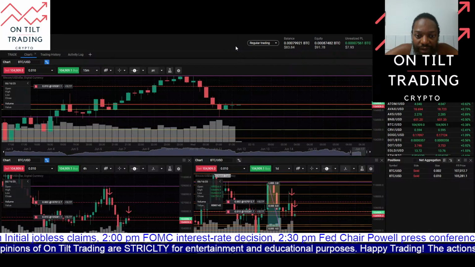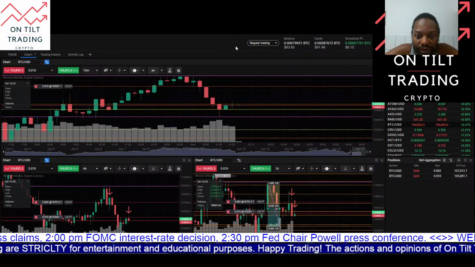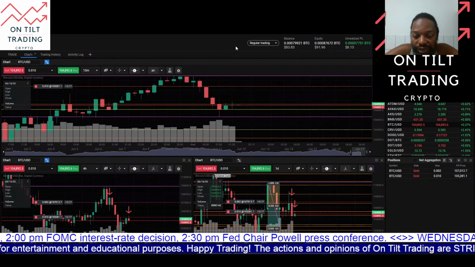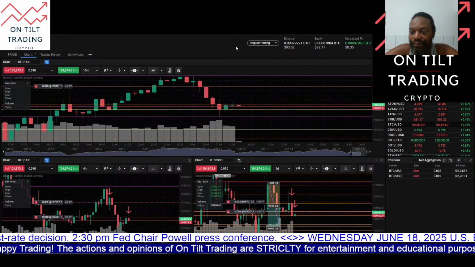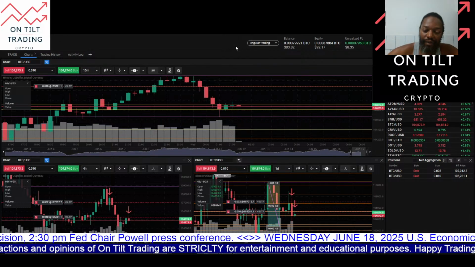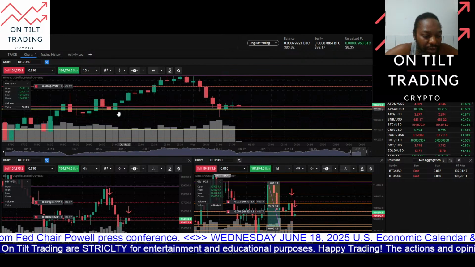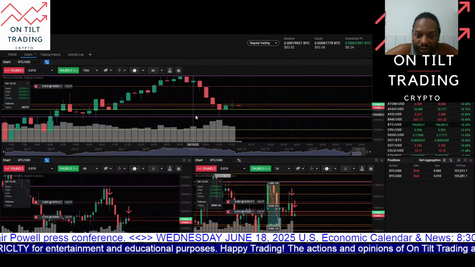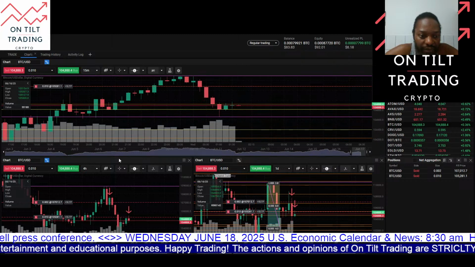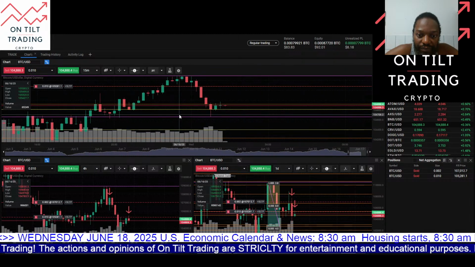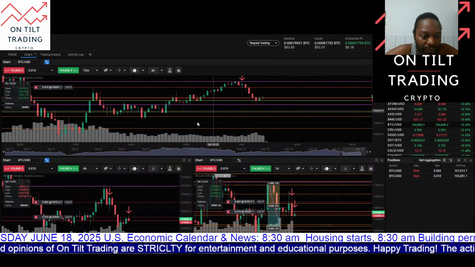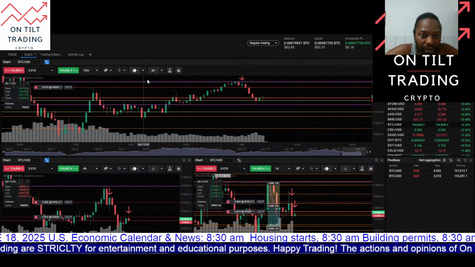The previous 2 candles have closed below this reactionary level. So if this candle does the same, that would be an indication that the algorithm may be preparing to price lower. Target being here.